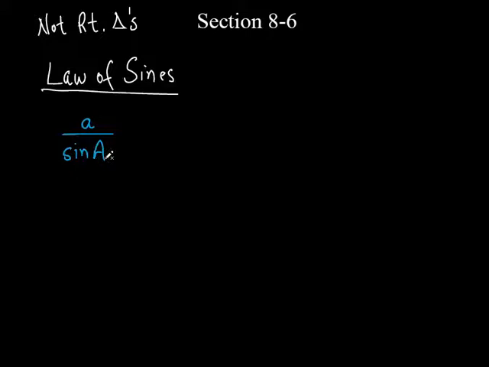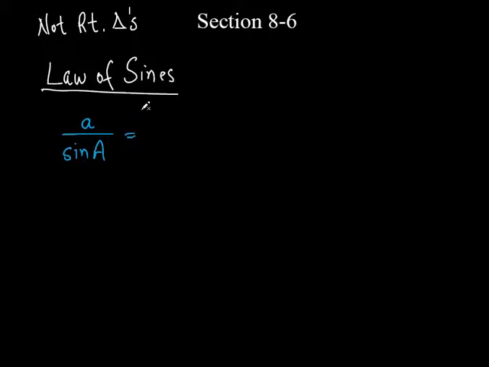Little a over sine of capital A. Now what's the difference between the lowercase a and the uppercase A? Good. The uppercase, the big A, is the angle. Okay, it's talking about an angle. What's the lowercase a talking about then? So if I had a triangle, watch, before we go on with this law of sines, I tell you what, let's just finish writing out the law of sines and then we'll talk about it, okay?